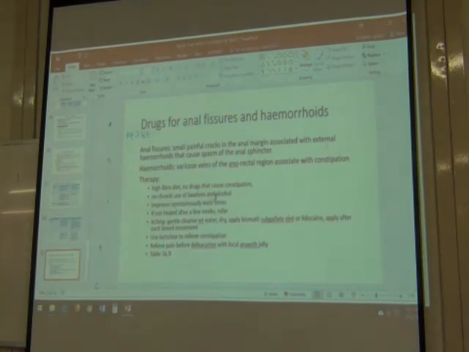So, then laxatives. Another thing with laxatives that I didn't mention: I use laxatives for the treatment of what? Constipation, isn't it? But excessive use of laxatives can cause constipation.